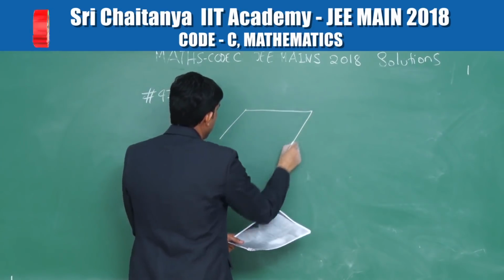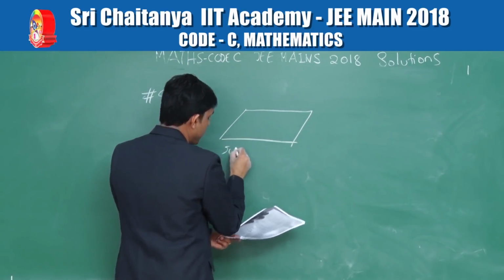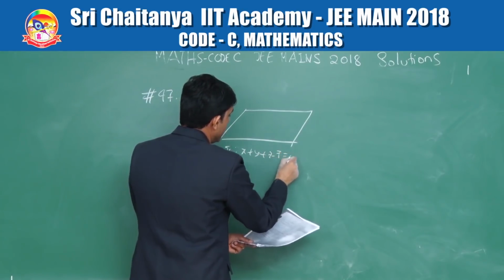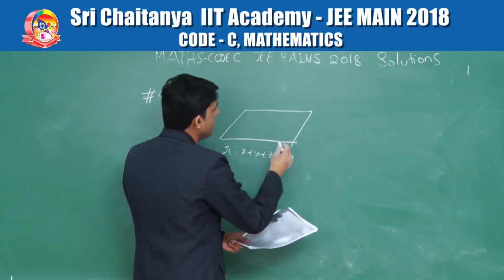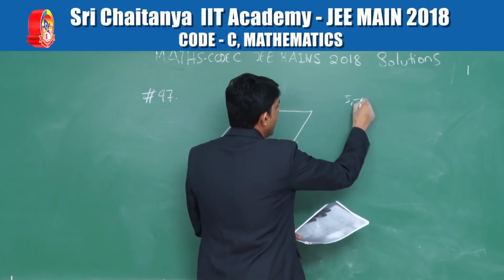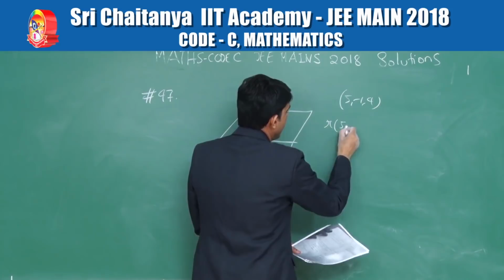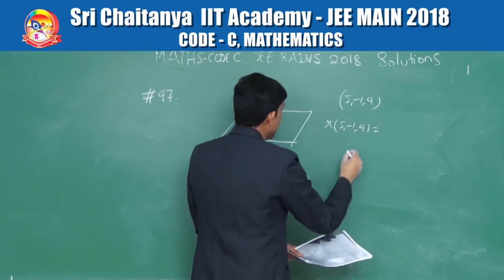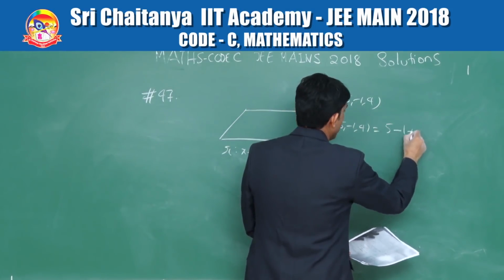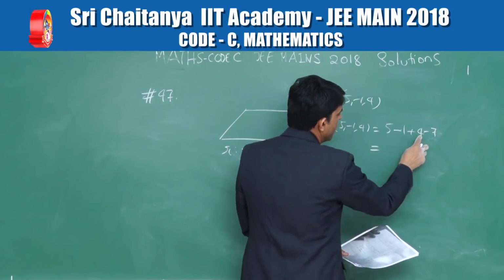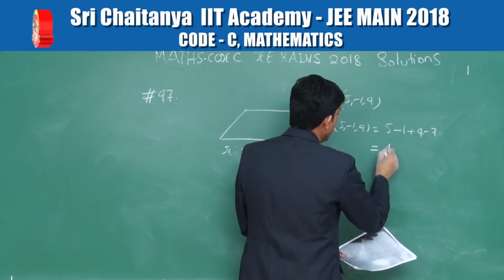Observe that that plane happens to be pi, that's x plus y plus z minus 7 equals 0. We have got the points 5, minus 1, 4. So pi at 5, minus 1, 4 gives you 5 minus 1 plus 4 minus 7. That's 5 plus 4, 9, and minus 8, so that's 1.